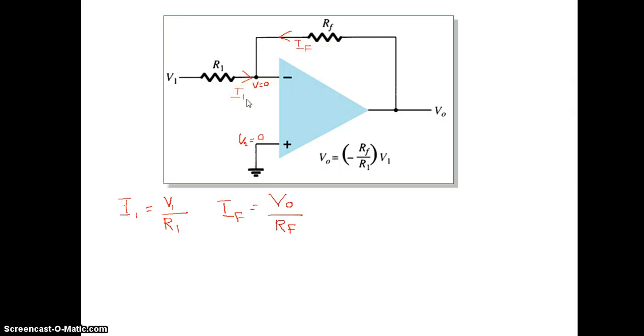So the current towards the inverting terminal I can write as 0.